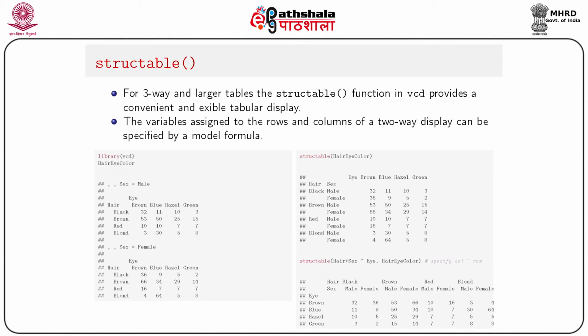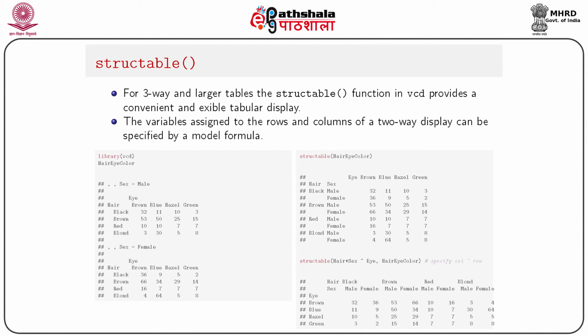There is another function called structable, also for three-way or larger tables. The structable function in vcd provides a convenient and flexible tabular display. The variables assigned to the rows and columns of a two-way display can be specified by a model formula. For example, say library(vcd), and here I'm just printing the HairEyeColor data available there.